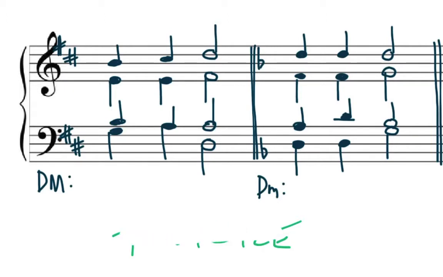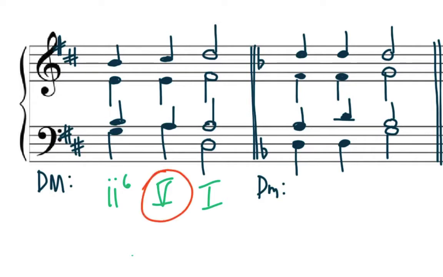So for instance, in this first example, in D major, the way the chords are right now, we have a supertonic 6, followed by a dominant, followed by a tonic. But if I wanted to tonicize the area of the dominant, I would need a secondary leading tone that would point to the dominant.